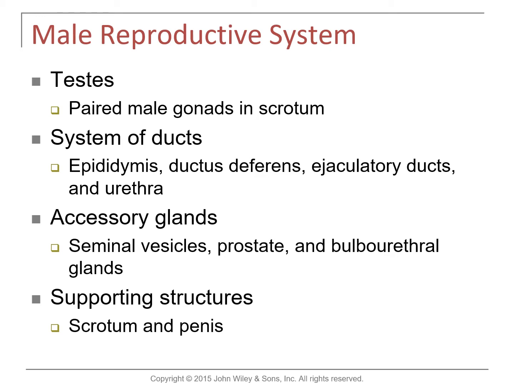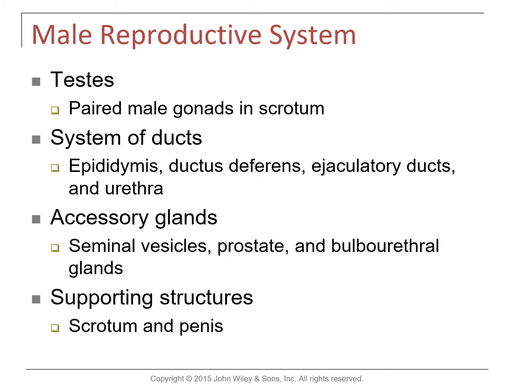Now, the urethra in the male is special because it begins at the base of the urinary bladder, passes through the prostate gland, and then through the length of the penis. The urethra in the male is a common organ or tract for both the urinary system, allowing for the excretion of urine, as well as the reproductive tract, allowing for the ejaculation of semen.